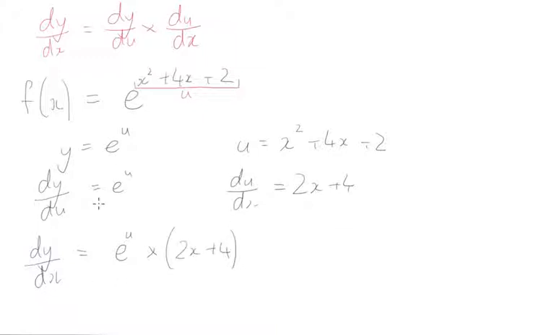And to tie that up, get it all in terms of the question, f dash x is equal to 2x plus 4, e to the power of u, which you should recall is x squared plus 4x plus 2. Okay, that's just one application using the chain rule. Just for notation, we'll say let y equal e to the u, and then it's following nicely HSE standards.